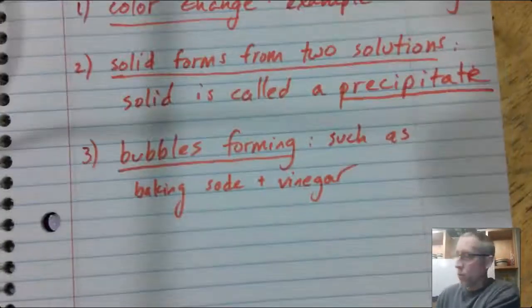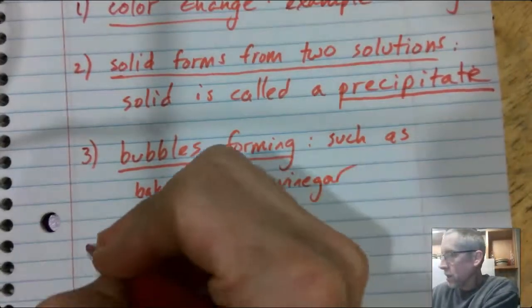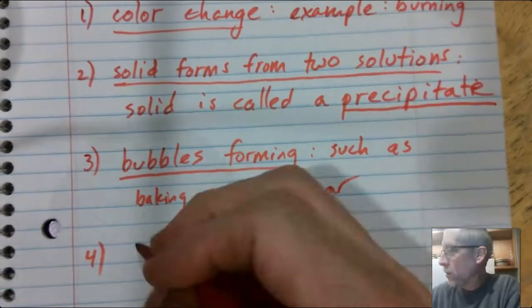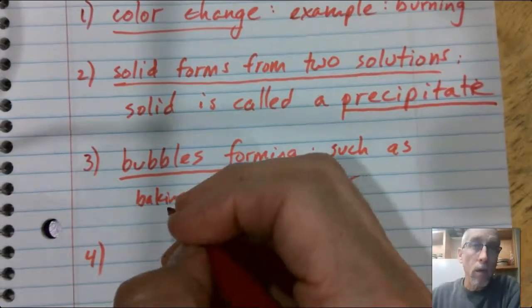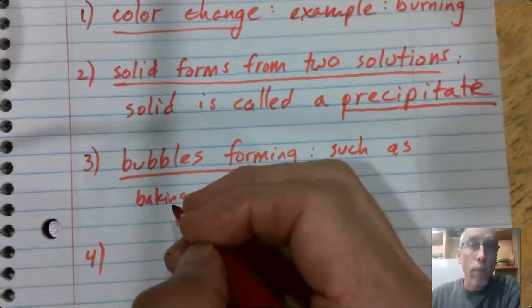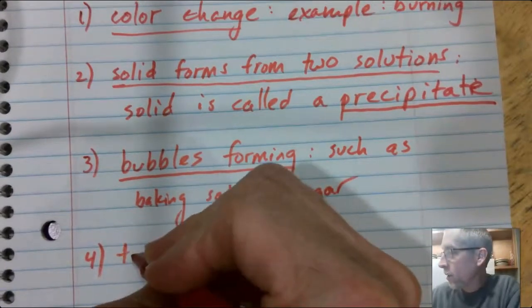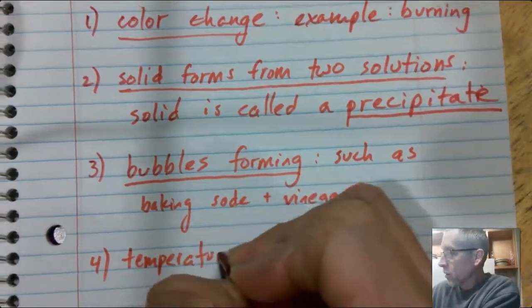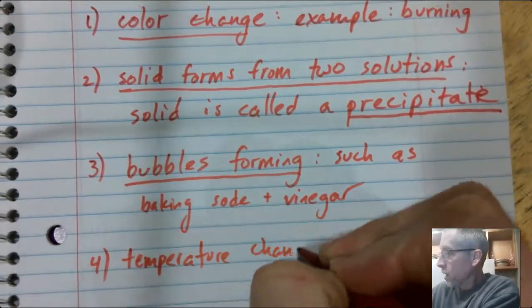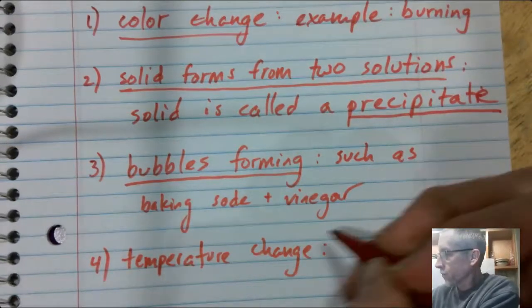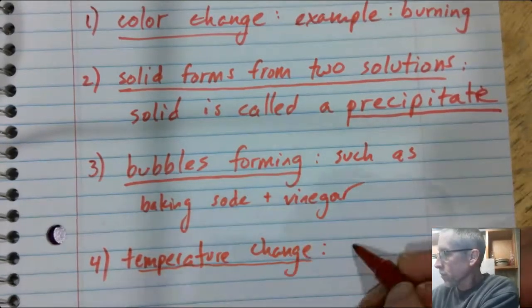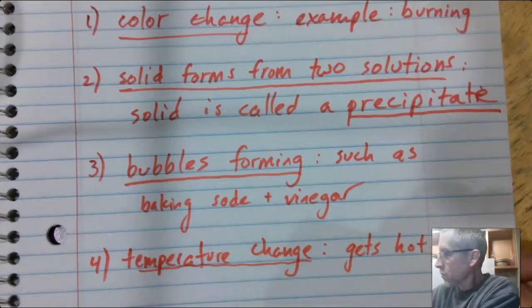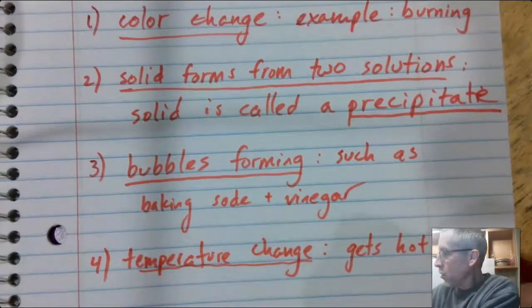Okay, and our final piece of evidence, and these are still just kind of rough. There's other signs as well, but these are the four common ones. A way that you'll know that you very likely could have a chemical change is if you have a temperature change. So if things get hot or cold, now that doesn't always occur.